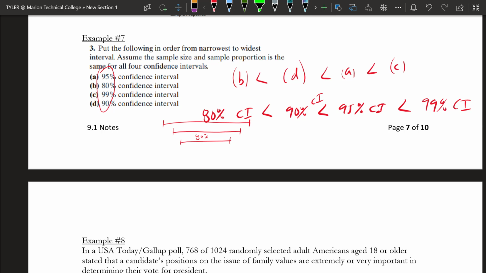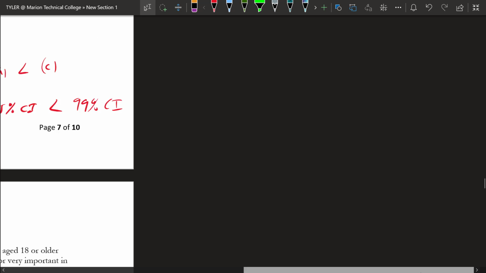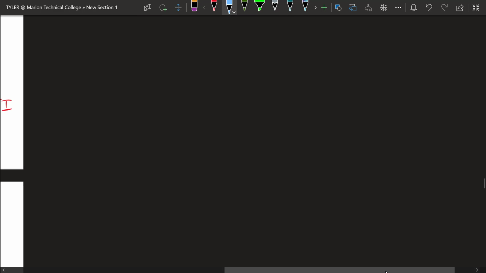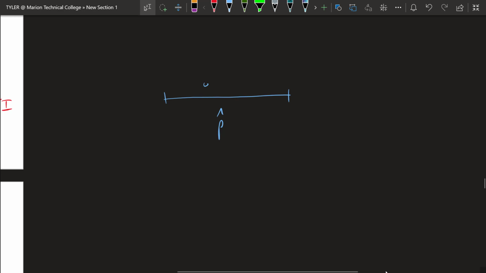Right, maybe let me draw this off to the side. Need a little more space. Right. So the general idea is if p hat is here, that's going to be the center. So 80% might span this much. And then 90% is going to be even wider, right?